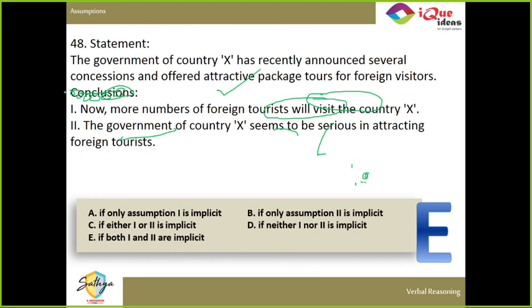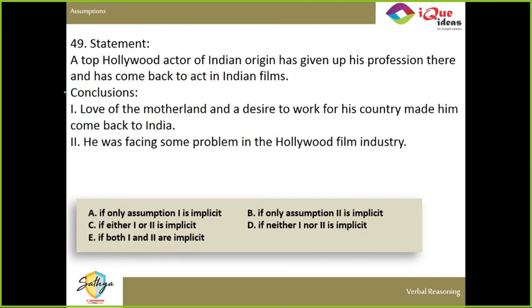Whether the vaccine will actually make us safe or not, we don't know, right? But the government is promoting it, meaning it is assuming that it will work. So here also, whether it actually works or not, we don't know. But because the government has done it, it has assumed that it will work. Right?